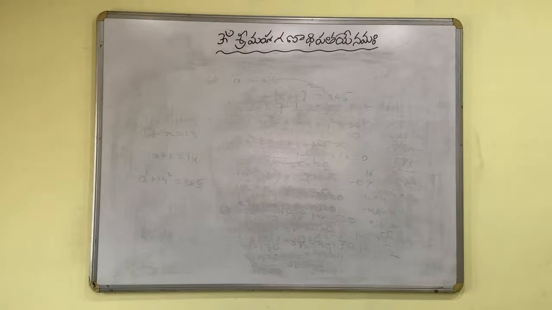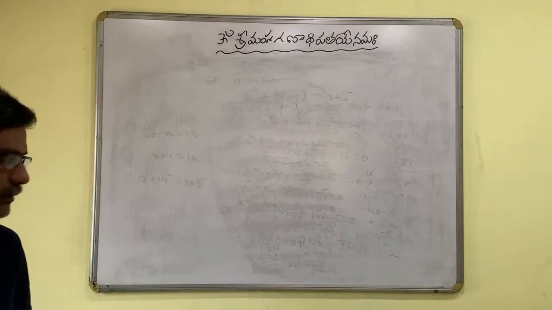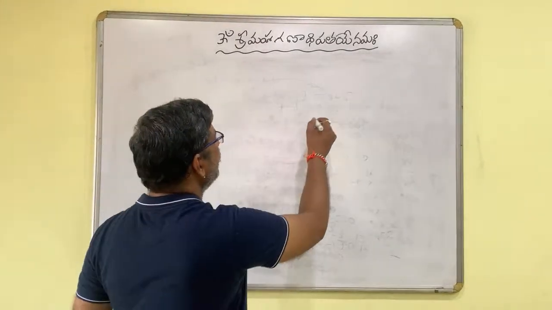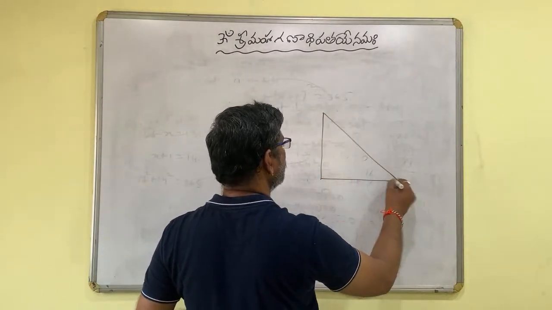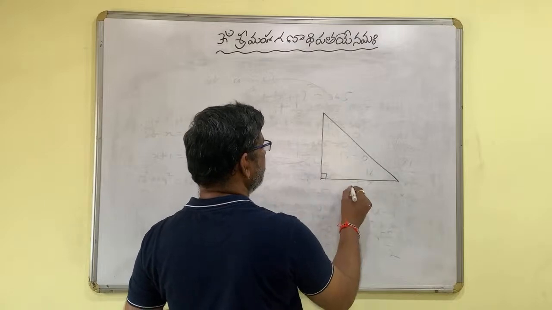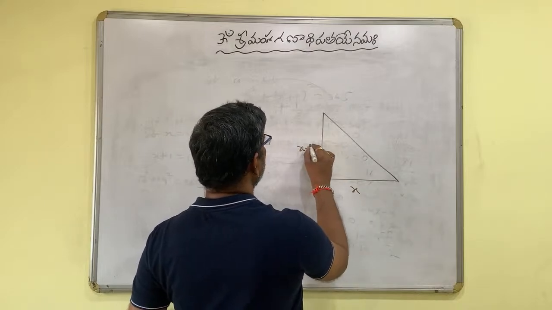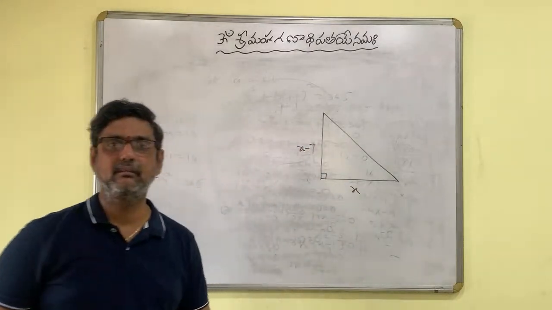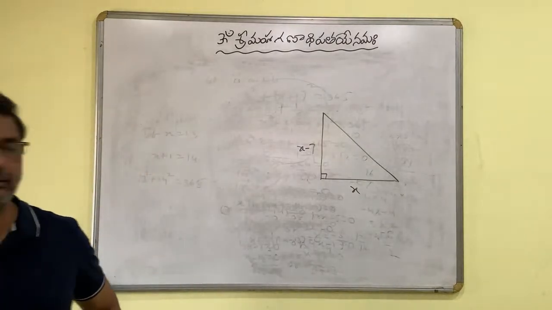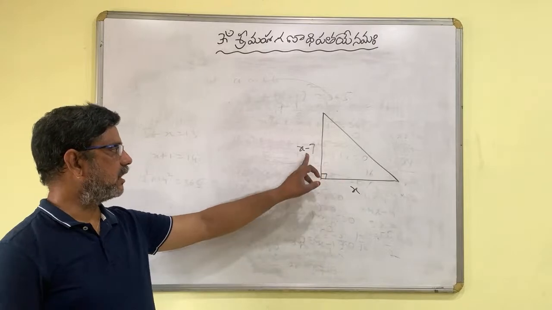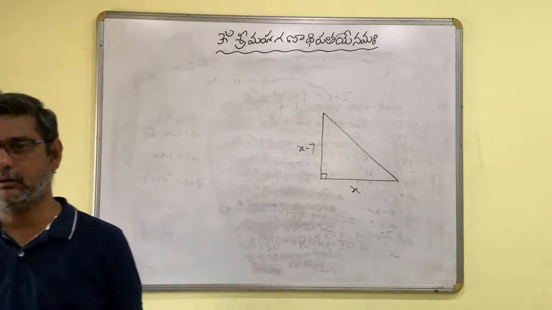The altitude of a right triangle is 7 centimeters less than the base. There is a right triangle. Our base is x, altitude is x minus 7, because the altitude is 7 centimeters less than the base.